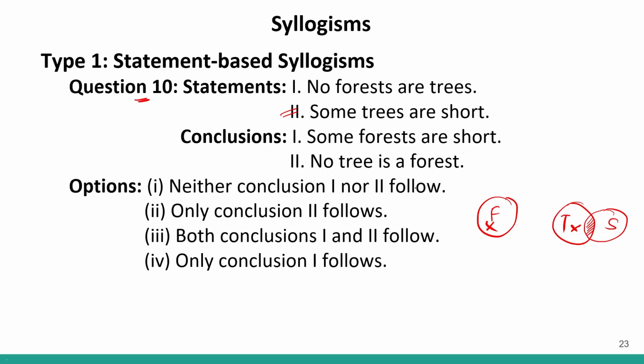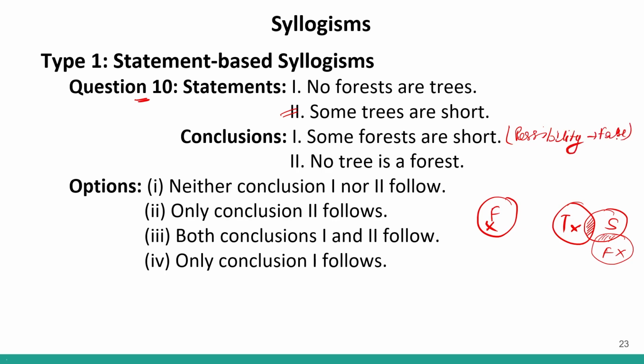Based on this Venn diagram, let us look at the conclusions. Conclusion 1 says some forests are short. See, again, this may or may not be true. We can have forest over here also, because forest and trees are not overlapping. In that case, some forests are short. But this is a possibility. Again, I am saying this is a possibility. Therefore, this is false.